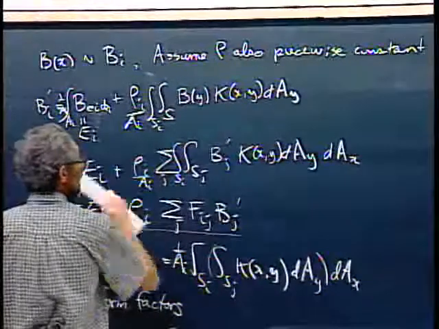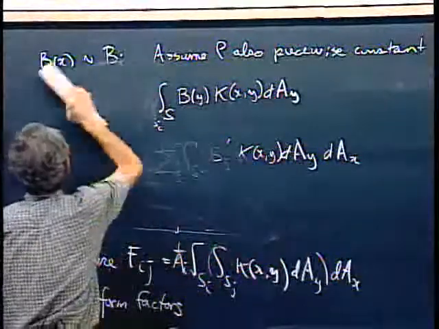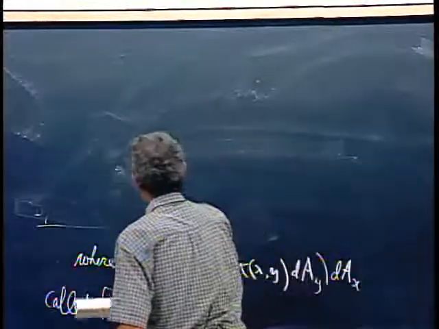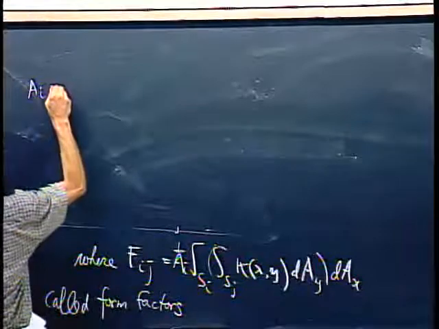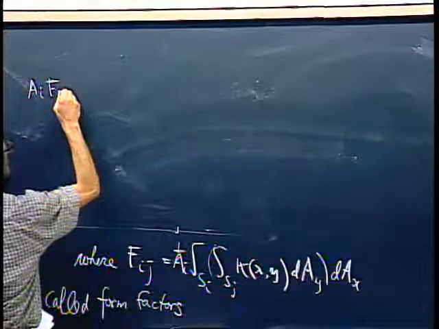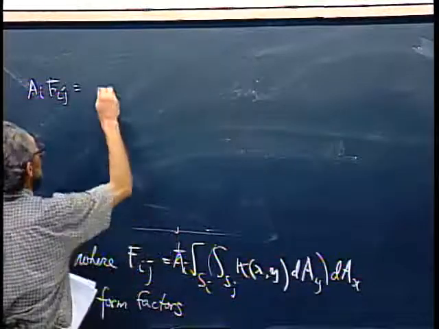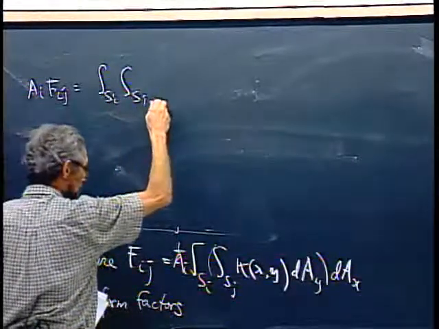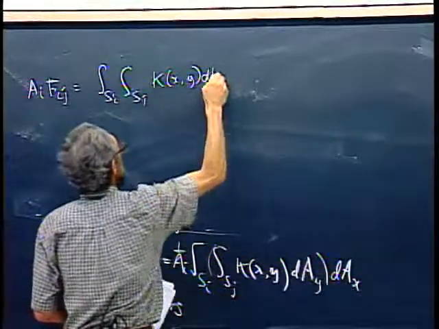I still got my matrix equation there, which is equivalent to this one, so I can erase it. If I multiply this by Ai, Fij, that'll cancel this Ai here, and I'll get the integral over Si, integral over Sj of Kxy dAy dAx.